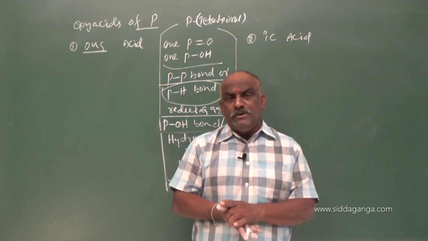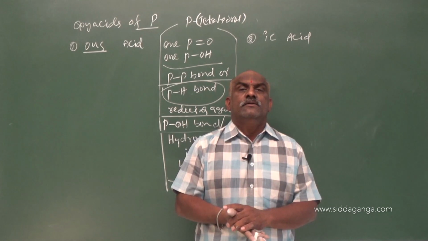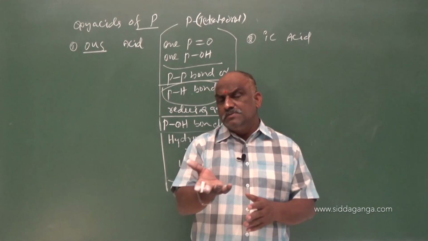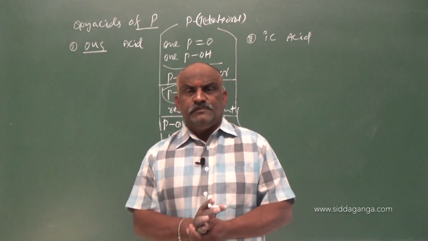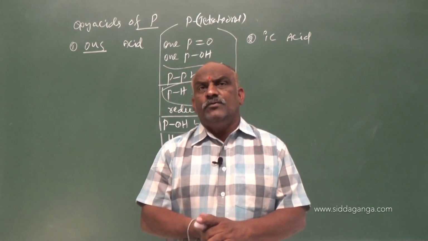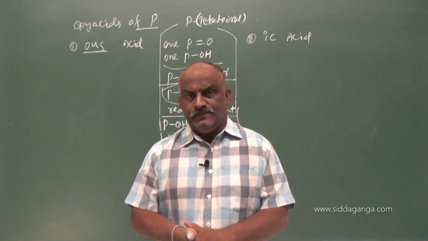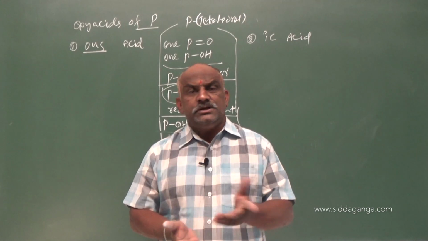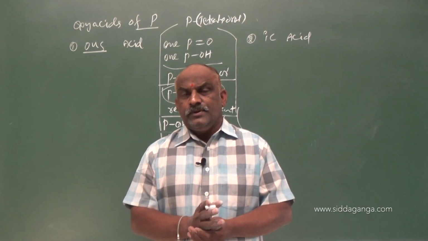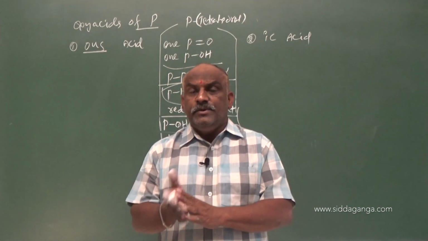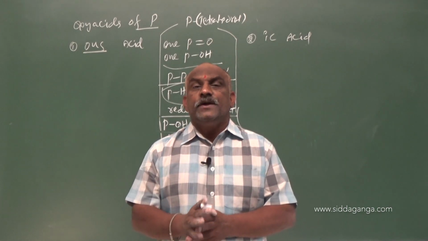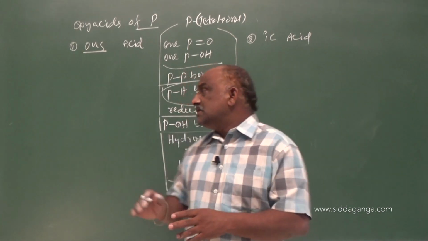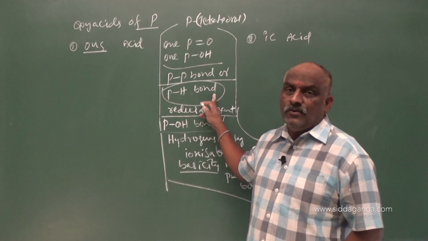The number of P-H bonds is the deciding factor for reducing agents. More P-H bonds, strong reducing agent. Fewer P-H bonds, weak reducing agent. No P-H bonds, not a reducing agent. Clear? Hydrogen ionization takes place only from the P-OH bond.